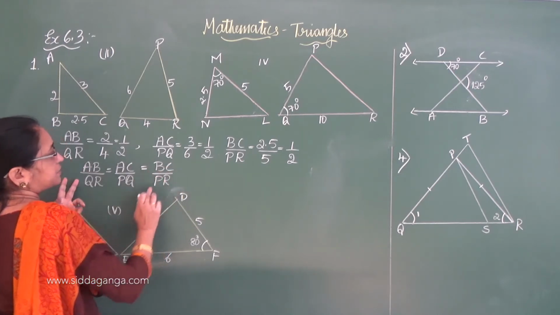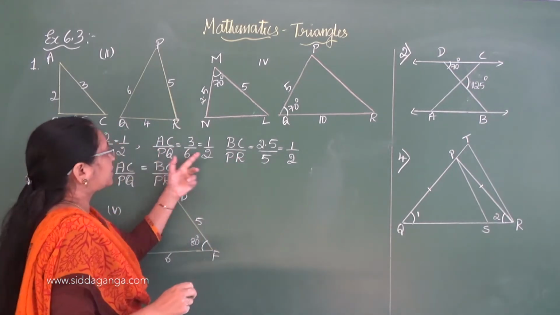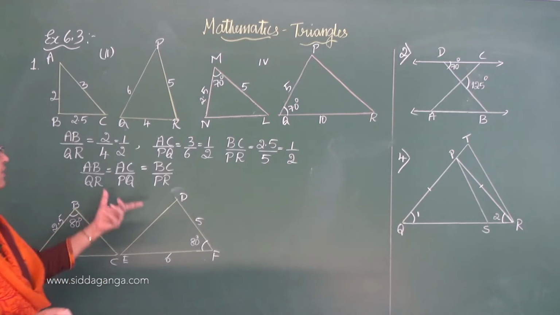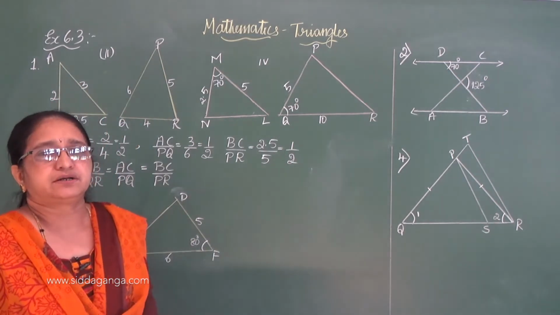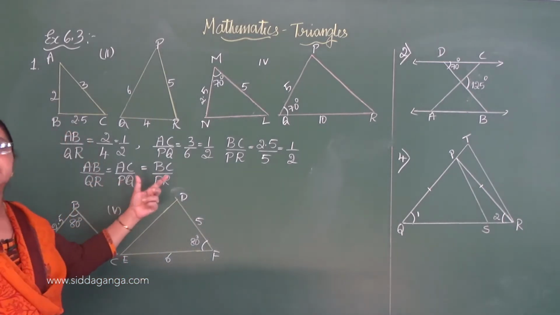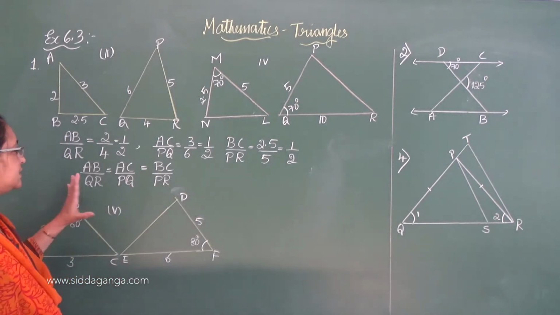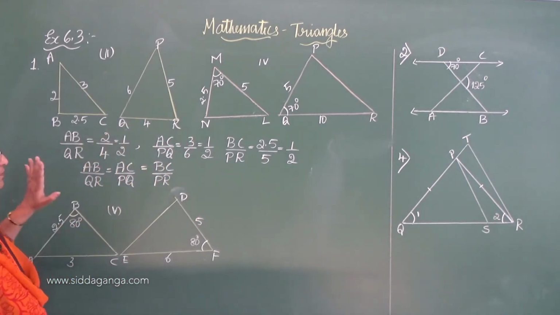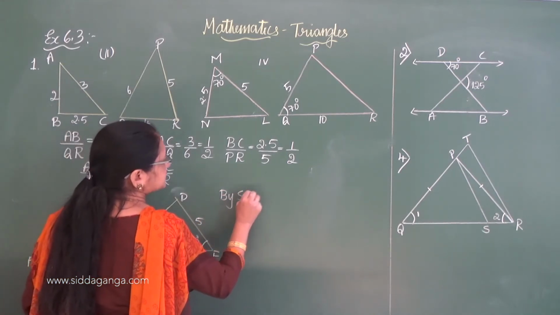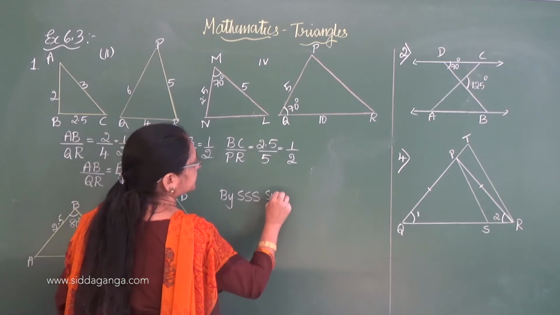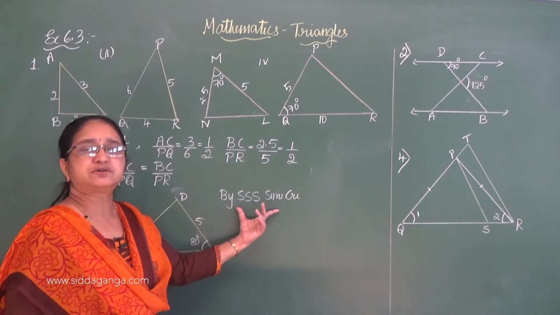So all are proportional, which means the ratio is the same, half, correct? So can we decide that these two triangles are similar on which criteria? By SSS criteria, because all the three sides are proportional. So you have to write that also. So after working out, next you write by SSS similarity criteria. So this is the second part of the question.